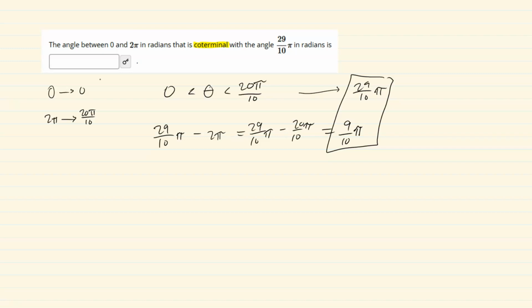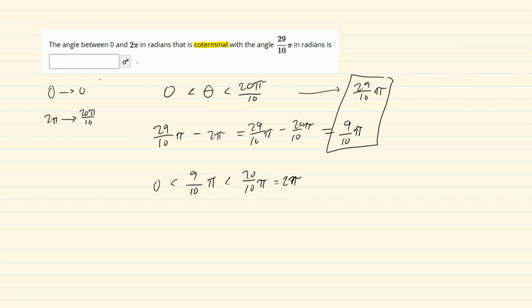Well, notice that 0 is less than 9 over 10 pi, which is also less than 20 over 10 pi, or 2 pi. So now we're within 0 and 2 pi, and it is the coterminal angle. So that is our solution.